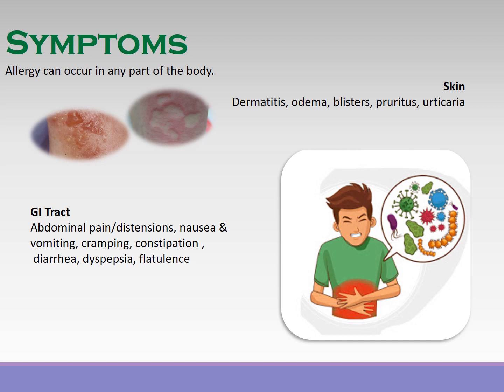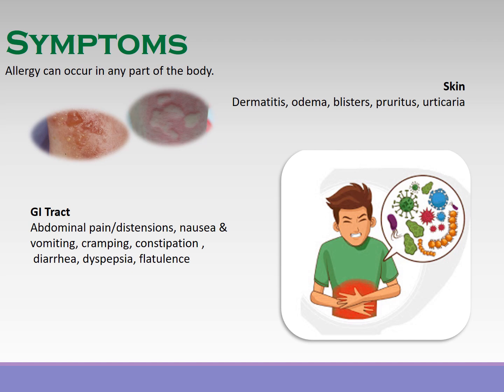Skin is the most predominant place where we can see many of the symptoms of food allergy. First we are going to discuss the symptoms caused over the skin. Skin may get dermatitis, which is a common rash, edema, the accumulation of fluids, and blisters may appear. Blisters are tiny pockets of fluid between the upper layers of skin which may cause itching.